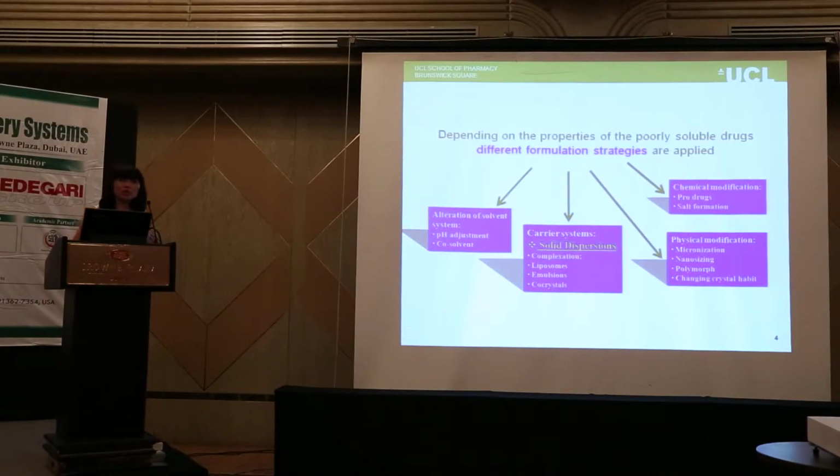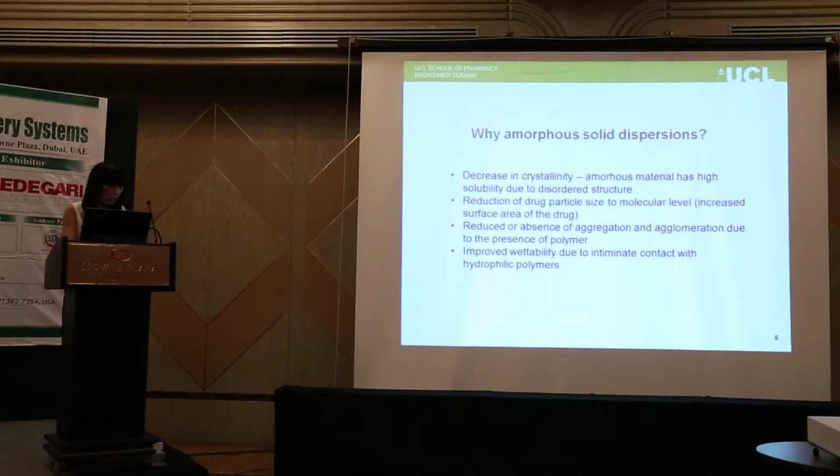Today I'm going to concentrate on solid dispersion, as already mentioned, which is a very promising technology used for poorly water-soluble drugs. So why amorphous solid dispersion, why does it play such a significant role? Here I summarize a number of mechanisms by which drug solubility can be enhanced by producing solid dispersion. Most importantly, if you transform the drug from crystalline to amorphous, you can achieve very good solubility, hence bioavailability.